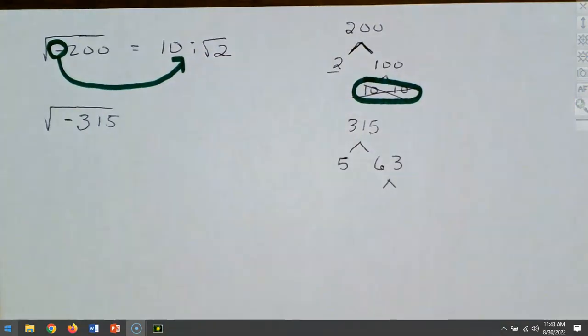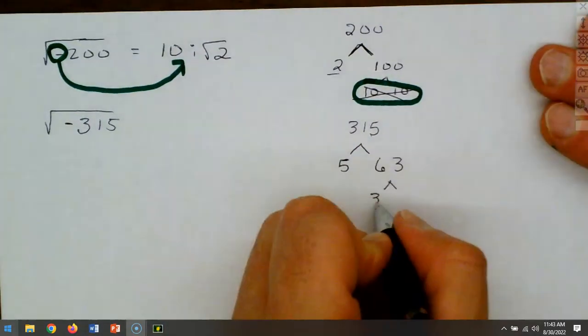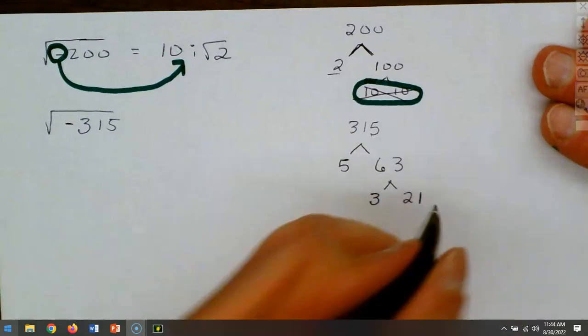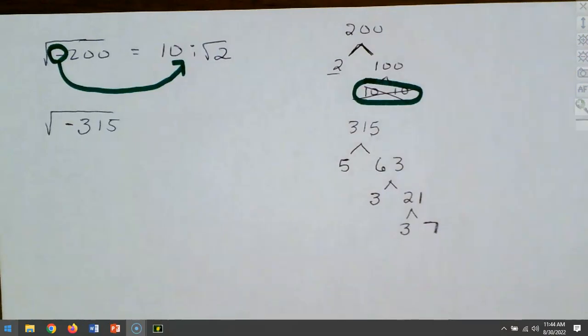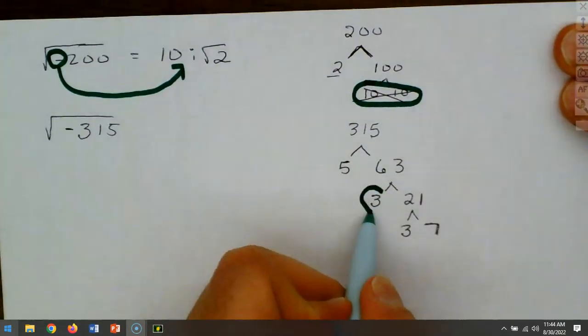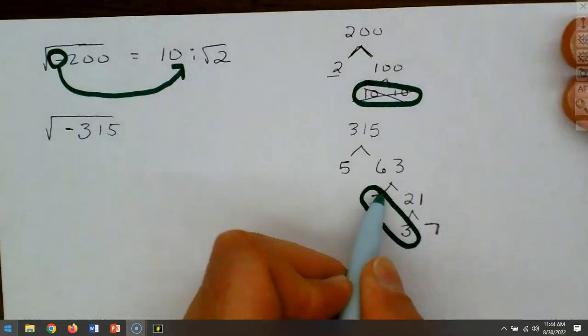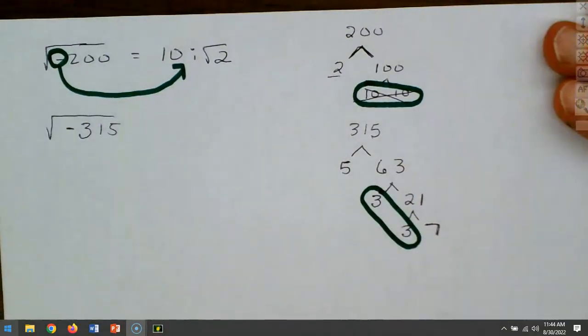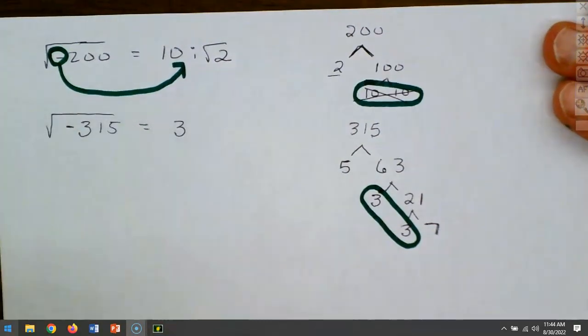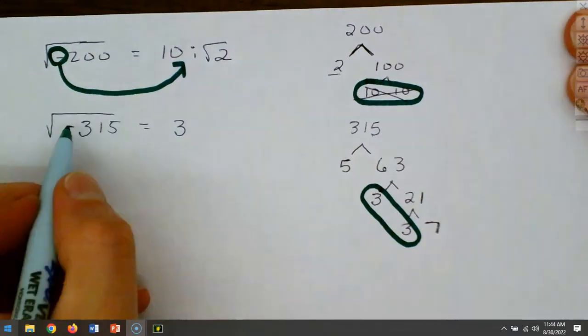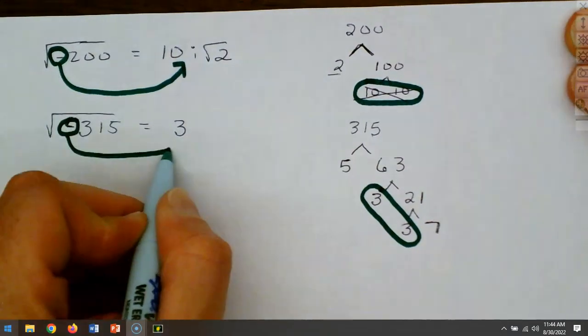And 63, well, that's 3 and 21. And 21 is then 3 and what? 3 and 7. We've got it broken down as far as we can. Now, when we look at this, we want our pairs. So we have a pair of 3s, and that pair of 3s comes out as a single 3. The negative here makes it an i for imaginary.